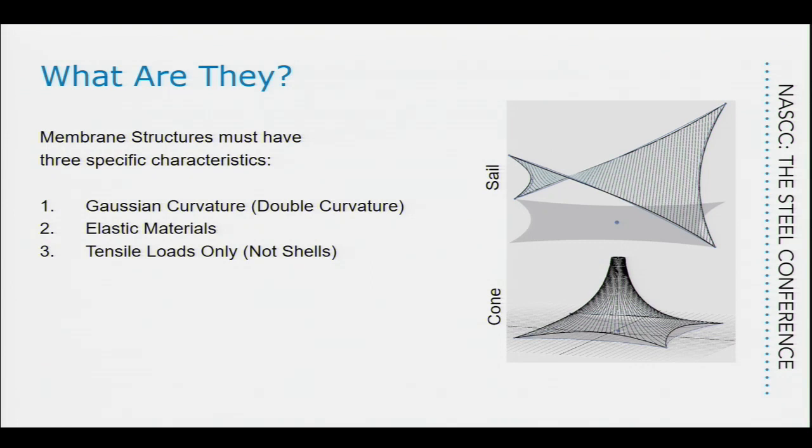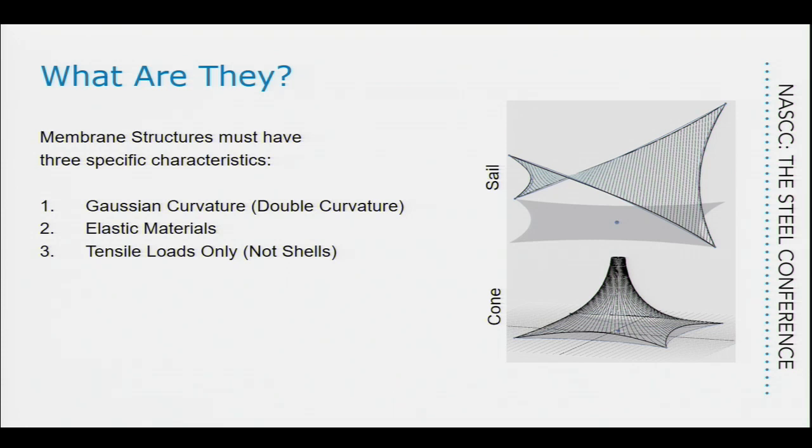Okay, they stretch quite a bit, and if you think of a soccer ball or a basketball, it's created out of two-dimensional strips, and it's only when you apply the internal pressure to that ball that you actually get this nice round element. And then the third is when we talk about membrane structures, we're talking about tensile loads only.